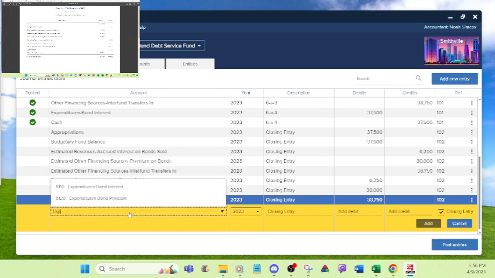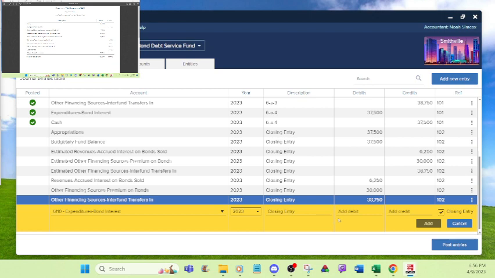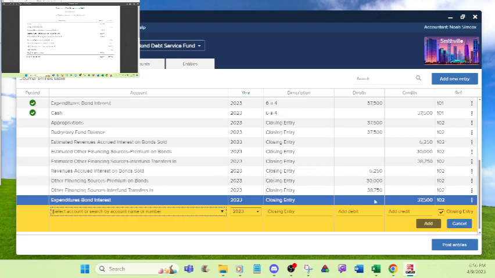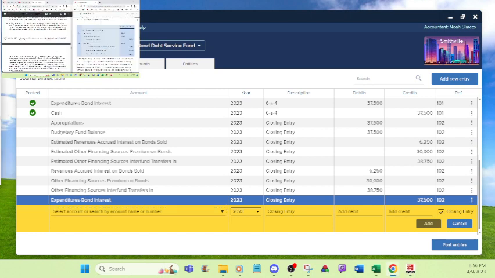Expenditures, bond interest, 37,500. Close it to fund balance restricted.